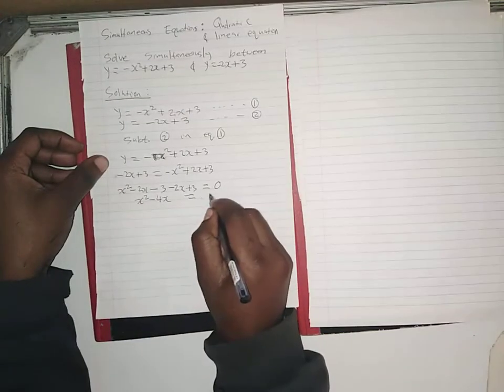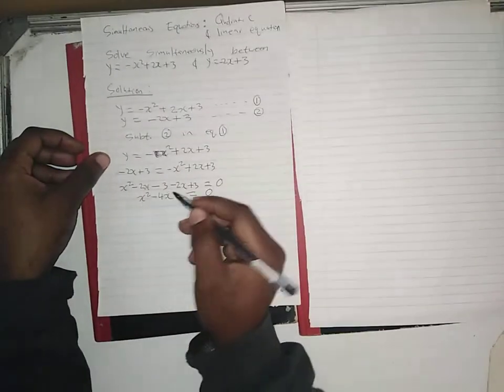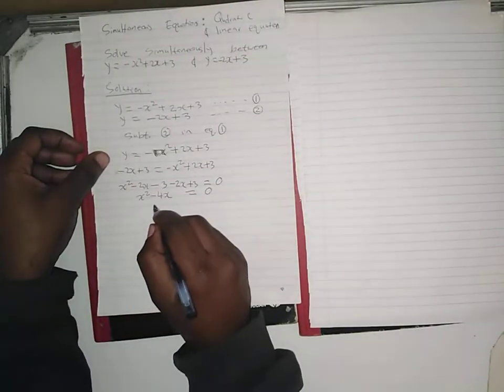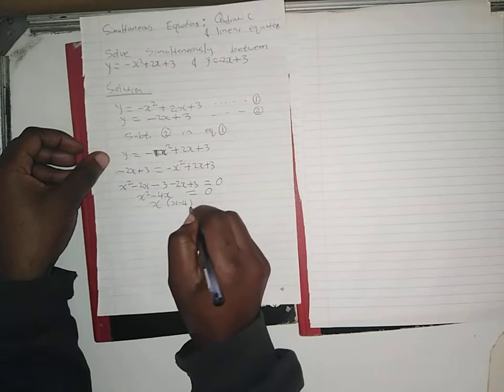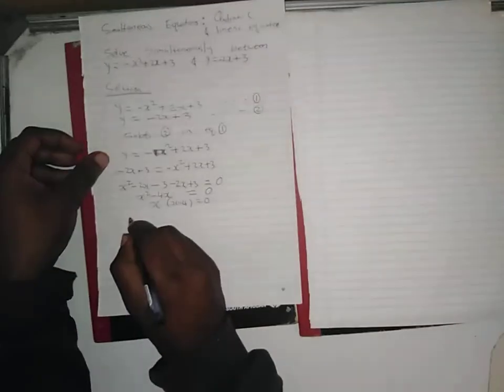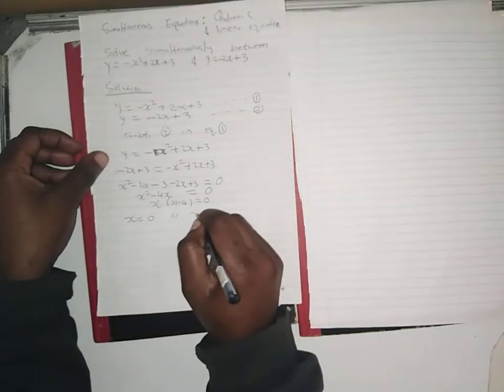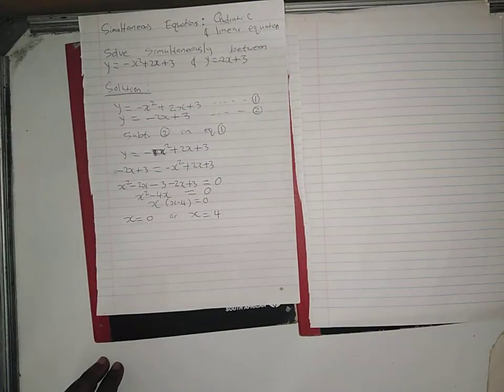So this is going to be equal to 0, and then using the normal laws of solving this as a normal quadratic, you have x times (x minus 4) equal to 0, and then the x values are x equal to 0 or x is equal to 4. So you've got the values of x now.